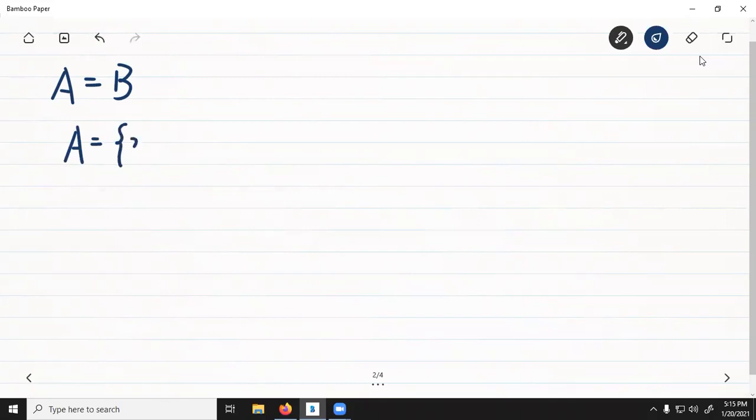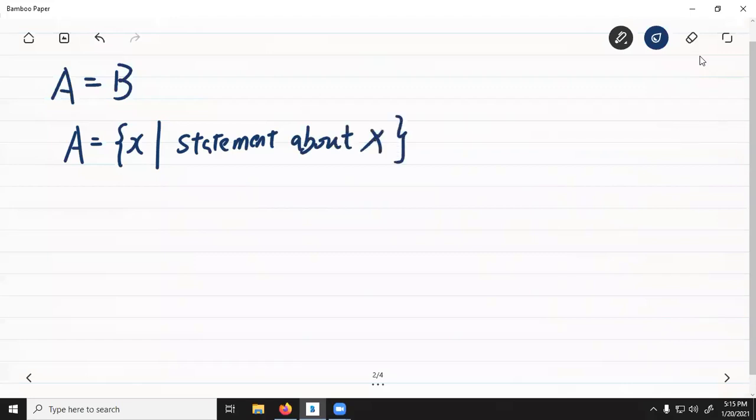We use x to represent the elements inside the set, and this x should satisfy certain conditions, which is the statement about this x. Such as x should be less than 100 or something like that.